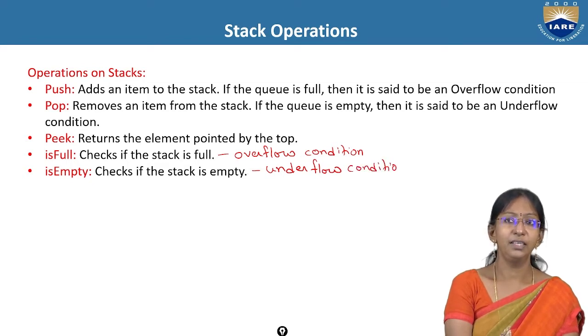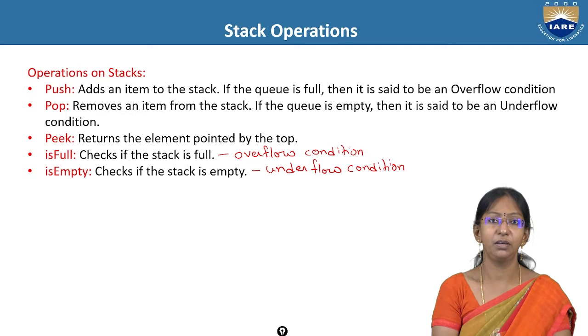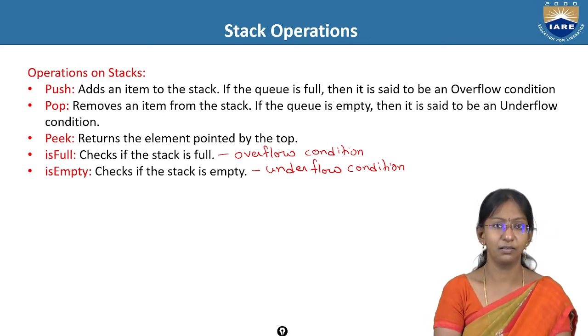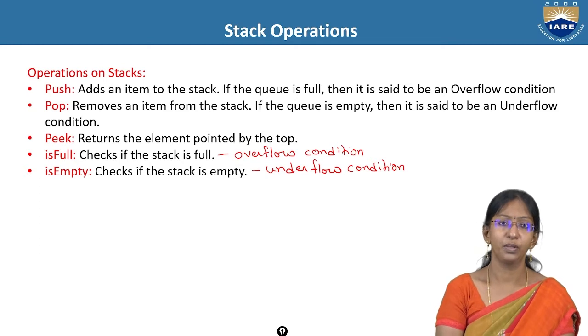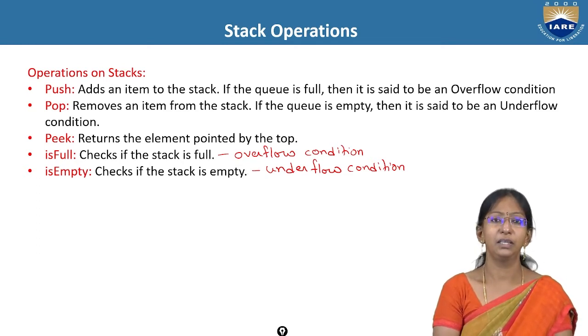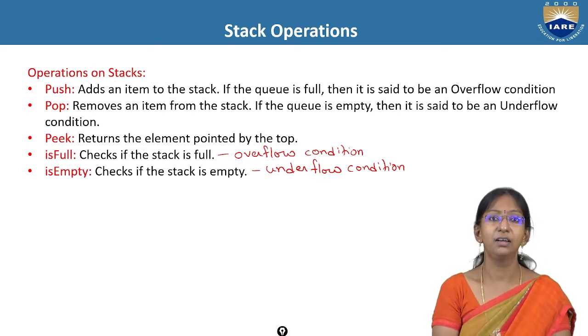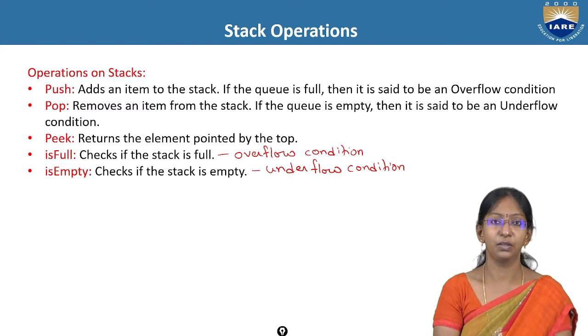Right? And these stacks can be implemented using an array or using a linked list. Either way we can do. When we work with arrays, we get a constraint that we have to allocate the maximum size of the stack prior to starting working with it.